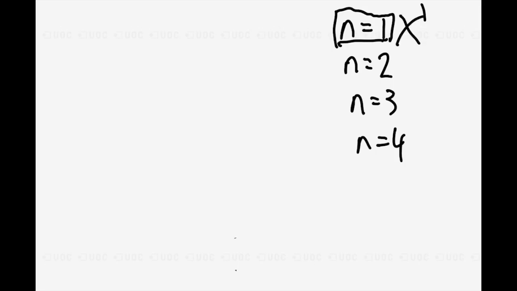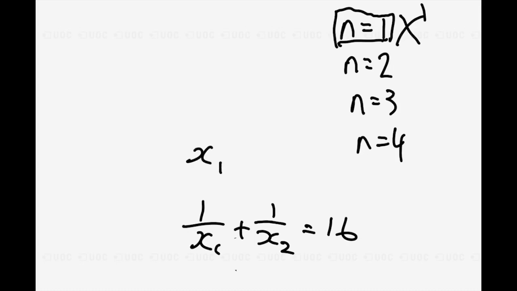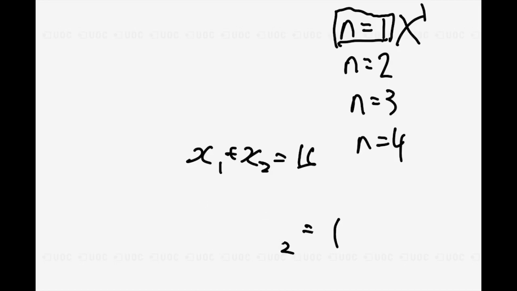Now n equals 2, we have 1 over x1 plus 1 over x2 equals 16, and x1 plus x2 is 16. Actually, sorry, no. 1 over x1 plus 1 over x2 is 1. Silly me. Now we can simplify this by making the denominator the same, and we get that (x1 plus x2) over x1 x2 is 1.